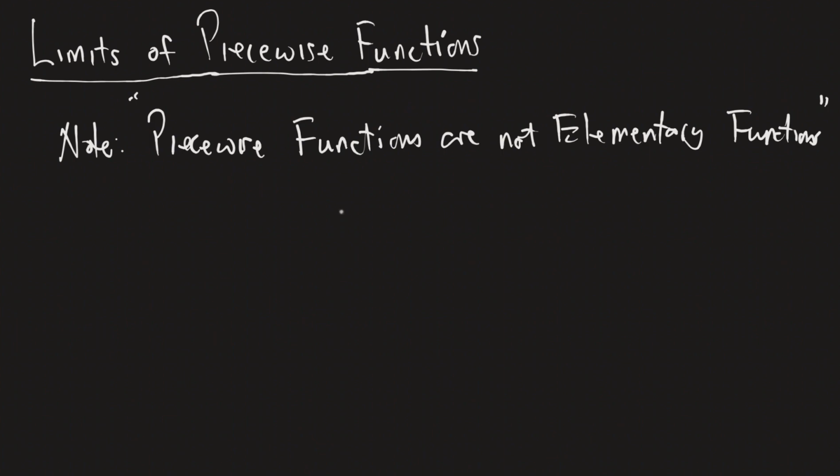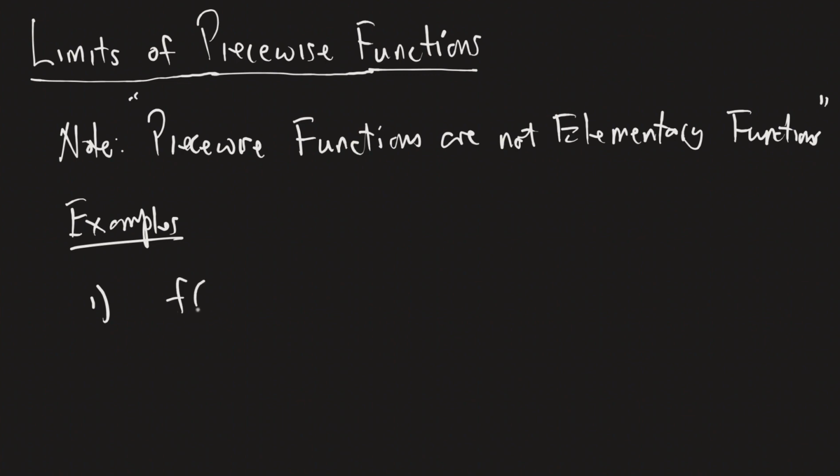Because they're broken up into different pieces for certain subsets of their domain, they're not considered elementary. So plugging in doesn't always work, and we'll see through some examples. All right, so let's go through some examples, and we'll start with this one.